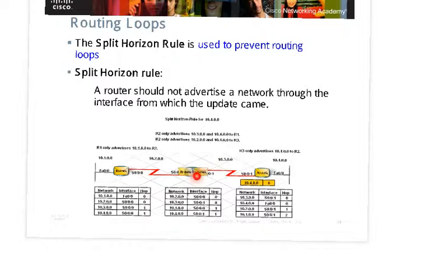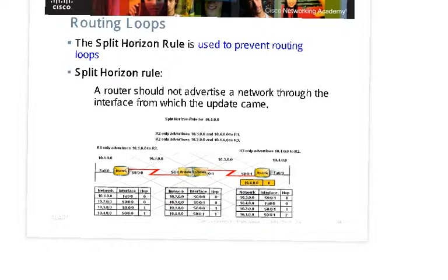So router 2 will send to router 3 route updates about 10.2.0.0, about 10.1.0.0, but not 10.3 or 10.4. This is what split horizon means.